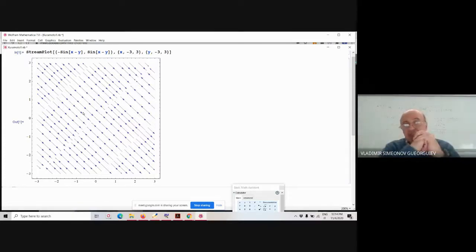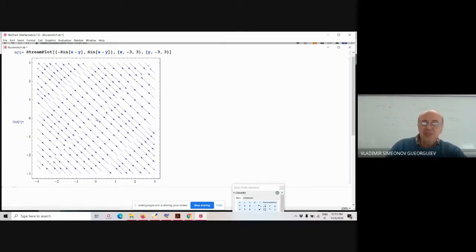The picture first shows that all trajectories are lines. This is very interesting. Probably in this case we have a very simple model, and the situation is really very simple. For example, if you take 0, 0, you see the 0, 0 point in our picture.